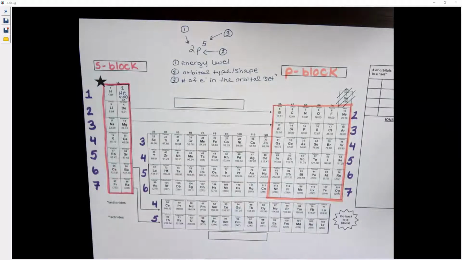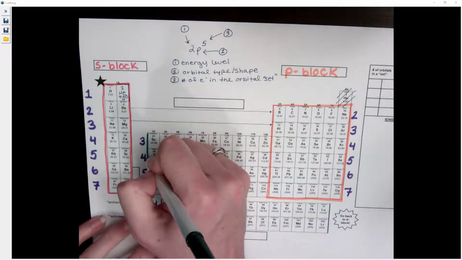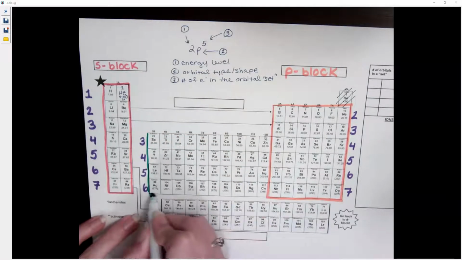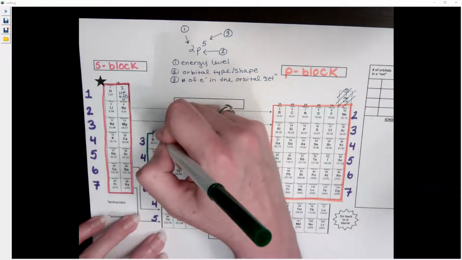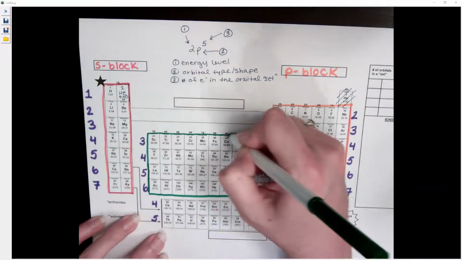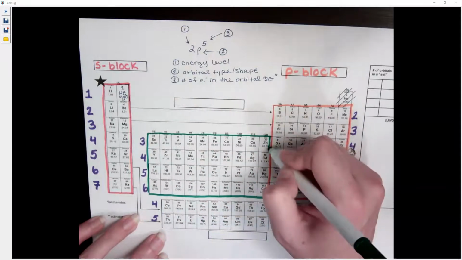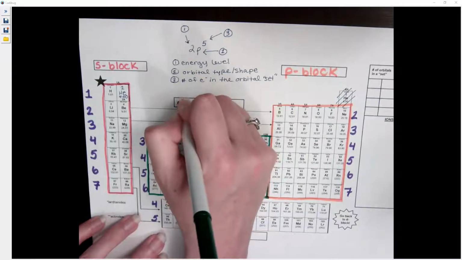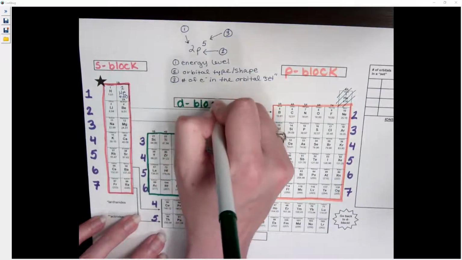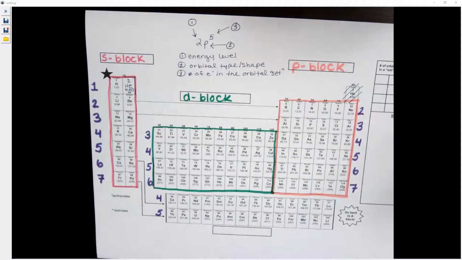Next, I'm going to pick a new color. I'm going to pick green. I'm going to highlight this center part. And this is going to be D block. You can probably guess what the one at the bottom is.